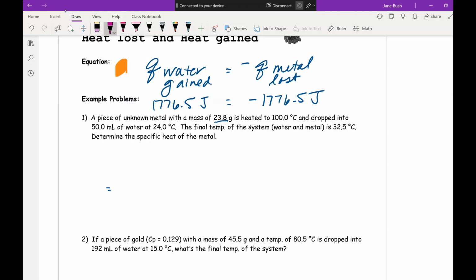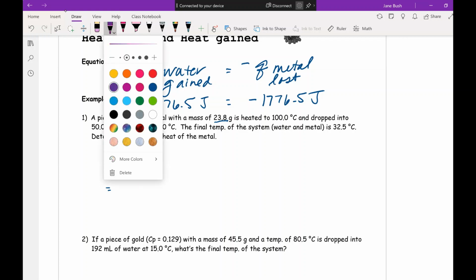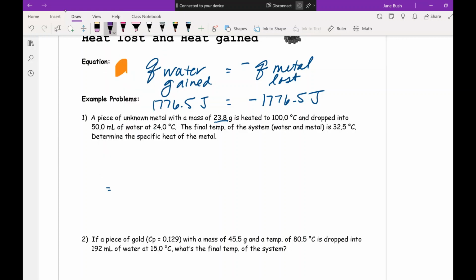Then when we put it in the water, it transferred its energy to the water. So the water gained energy, and the metal lost the same amount of energy. All right. We put a negative sign in front of the Q because that is energy that's being lost. It's exothermic. And then it's a positive sign in front of the water gain.